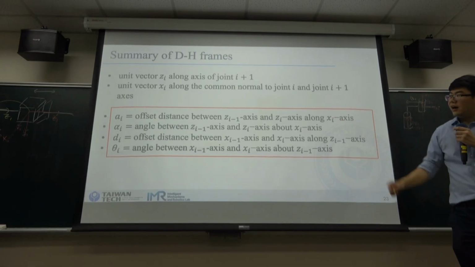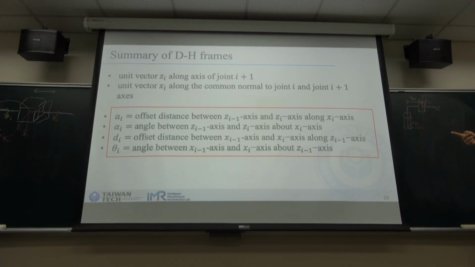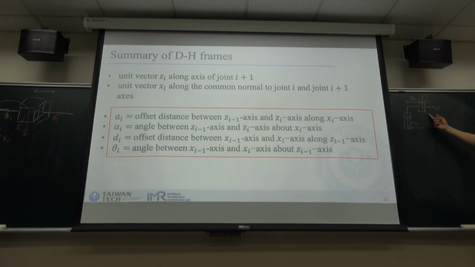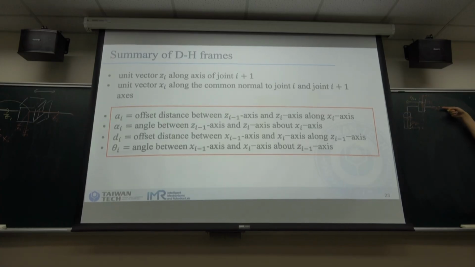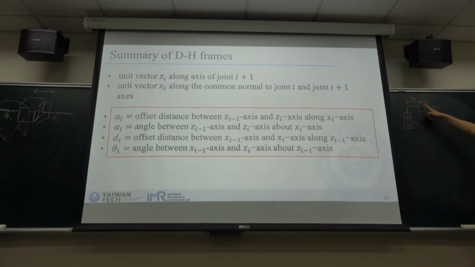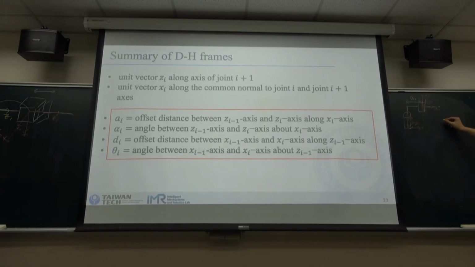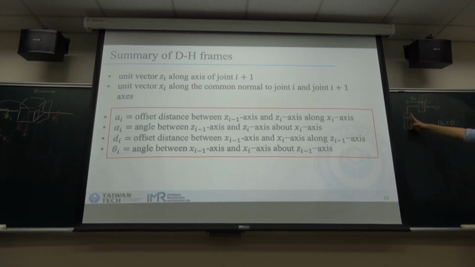And alpha is the angle between the z_{i-1} axis and z_i axis about the x_i axis. So here is the z0 axis and the z1 axis rotating about the x1 axis. Because the z0 axis and z1 axis here are in the same direction, for this one alpha 1 is equal to 0, because they are in the same direction.